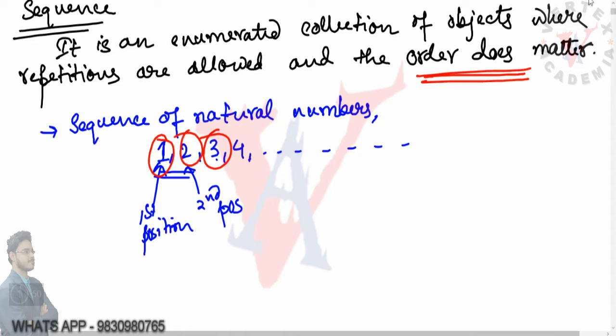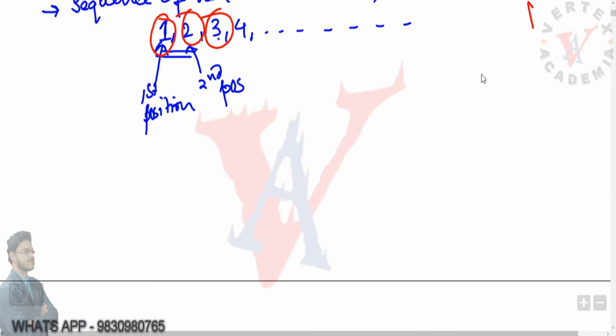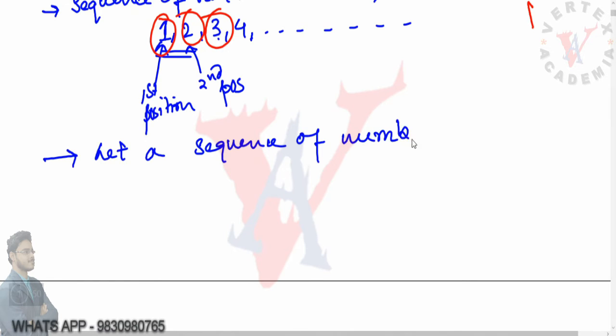And what do we mean by repetitions being allowed? Let me take another example. Let a sequence of numbers be 1, 1, 1, 1, and it goes up to infinity.